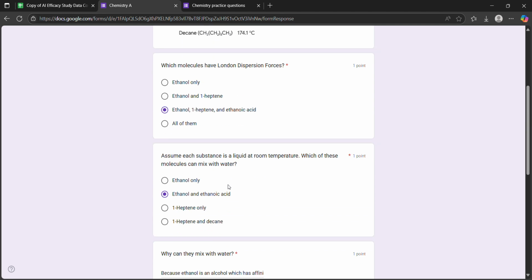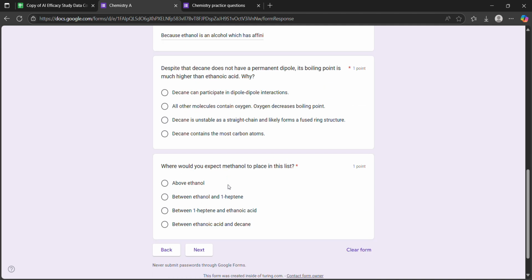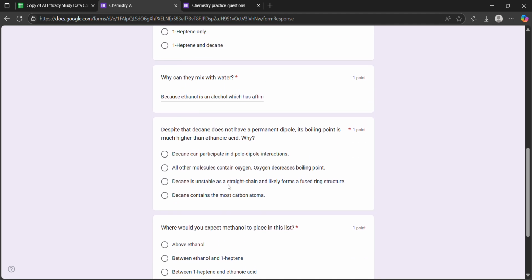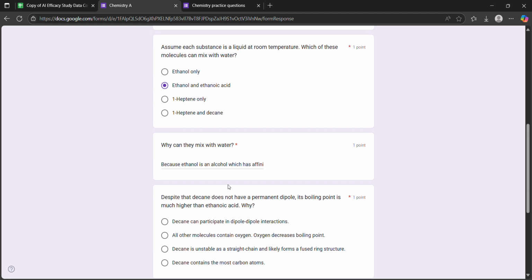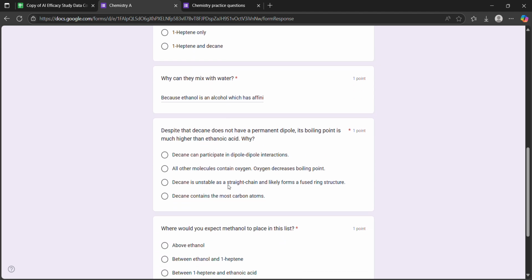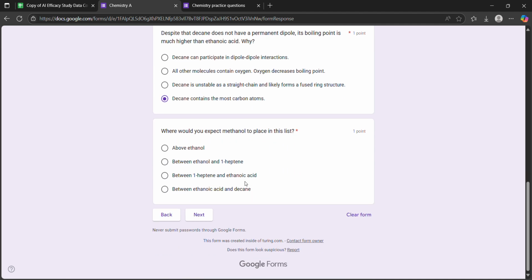That is 10. Since it has more carbon atoms, I think that is why its boiling point is automatically increased. Yeah, because decane contains the most carbon atoms. I think this is the reason.